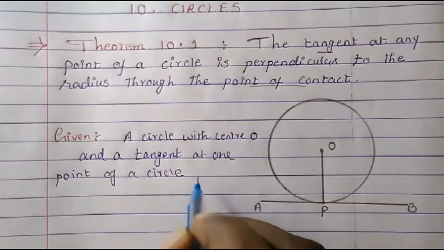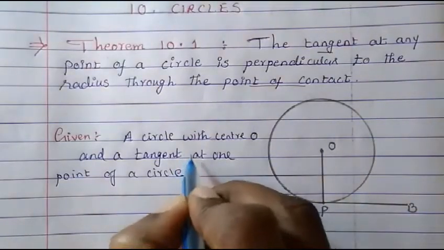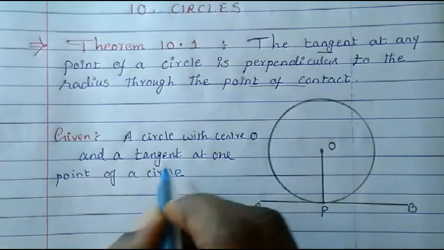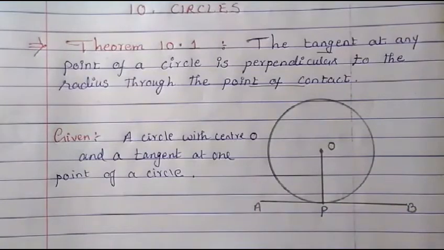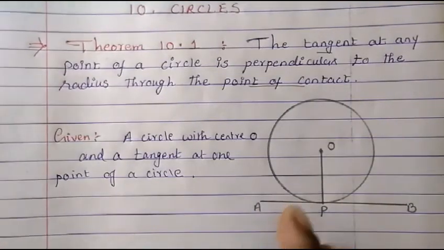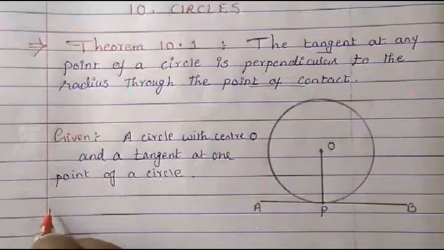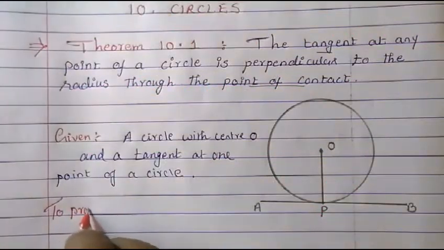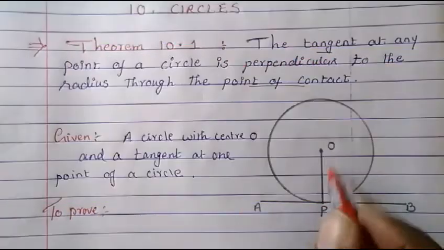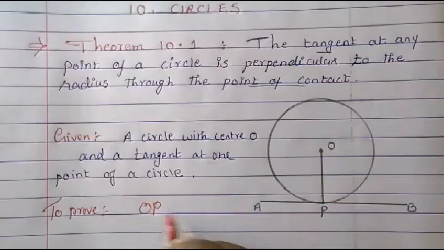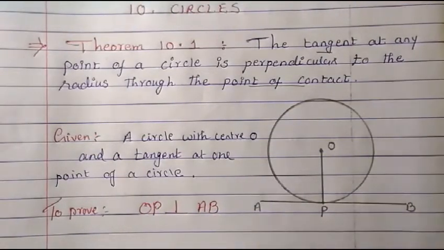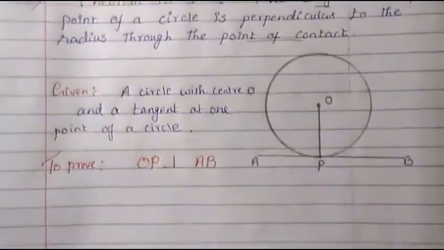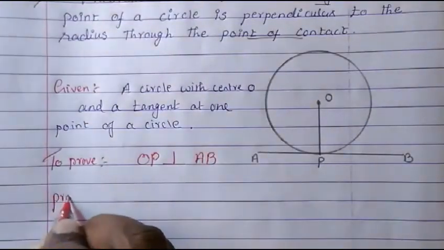The tangent's name is AB. What we have to prove is that OP is perpendicular to AB. So let's prove it now.